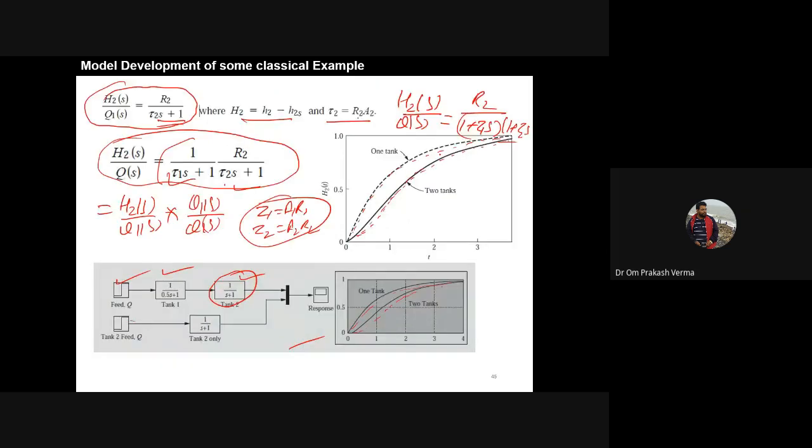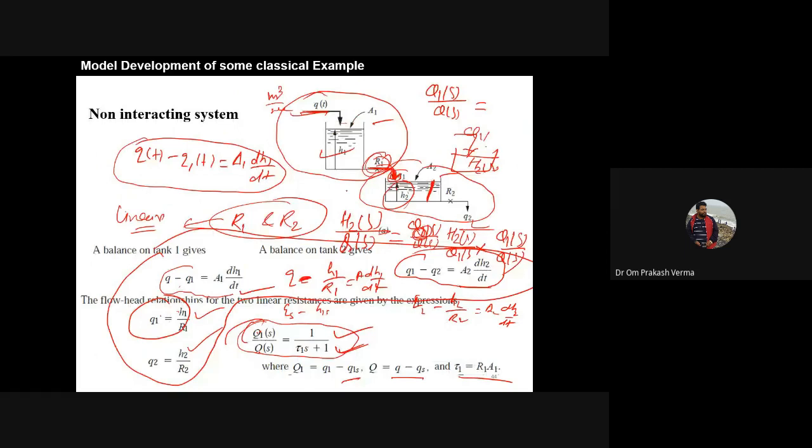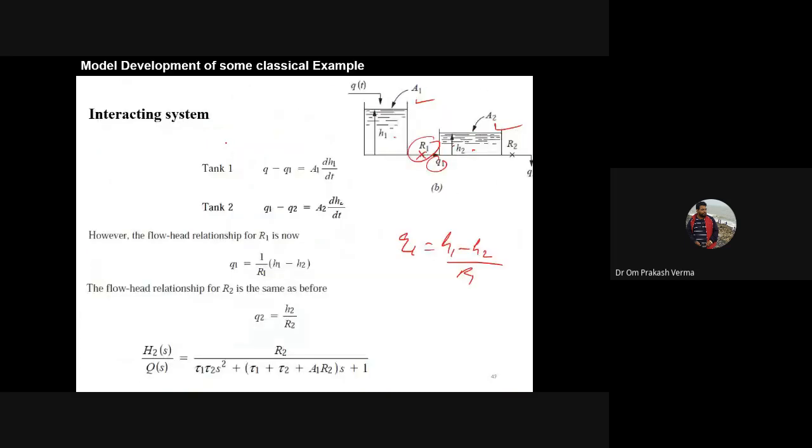In the first case, the Q1 comes direct in air contact, and there is no connection with tank 2. However, in this case it is dependent on both the levels H1 and H2. Therefore, we have written Q1 is equal to H1 minus H2 by R1, right?